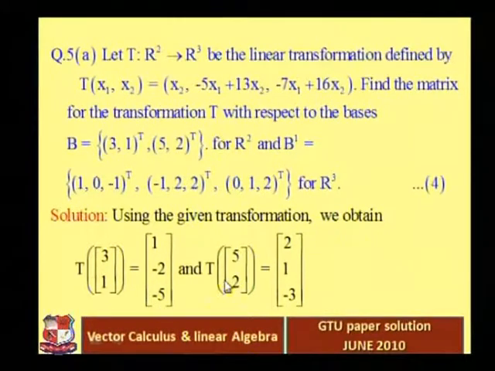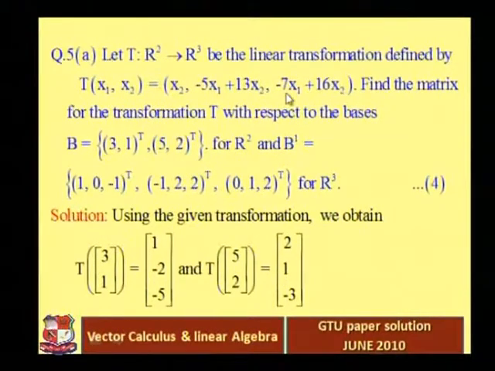Similarly you can find T of (5, 2). x1 is 5, x2 is 2, so first element is 2, minus 5 into x1, so that is minus 5 into 5, minus 25, plus 13 into 2, plus 26, minus 25 plus 26, so you will get 1 here.